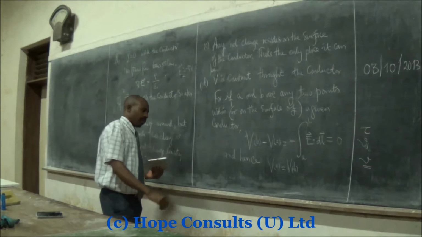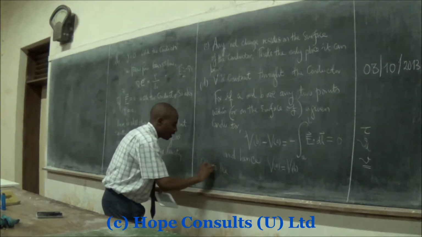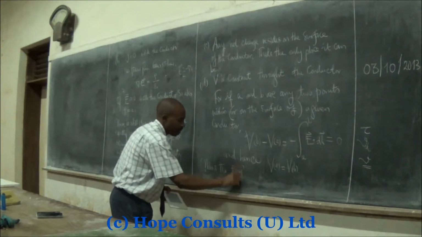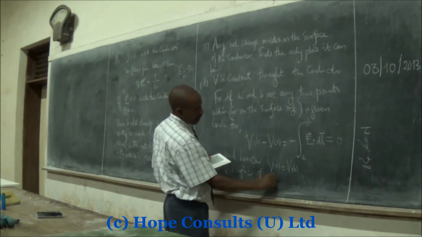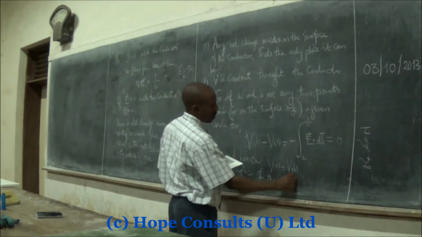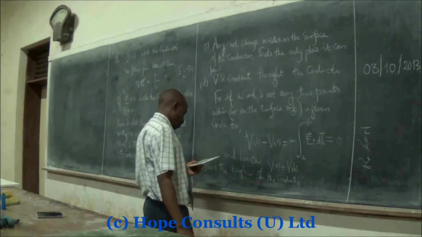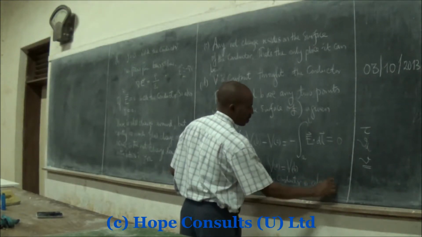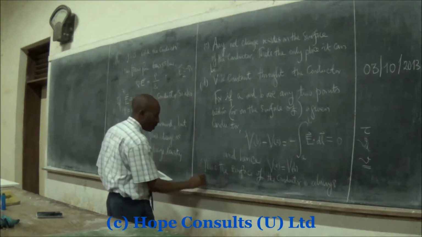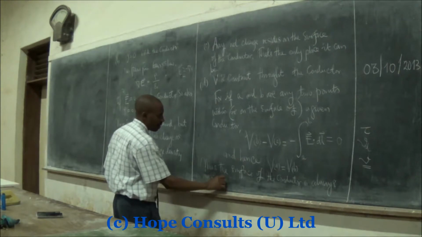Thus, the surface of the conductor is always an equipotential surface.